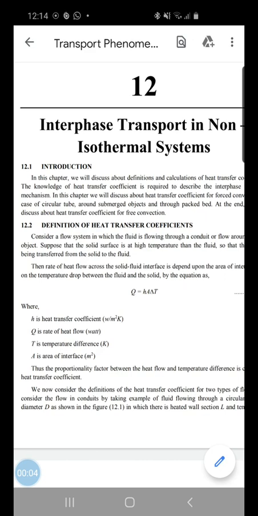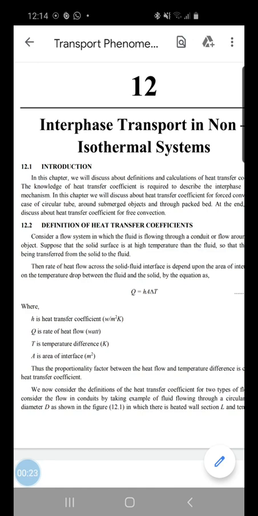We have discussed up till now thermal conductivity, the various modes of heat transport, conduction, and the temperature distribution profile in solids and in laminar flow.